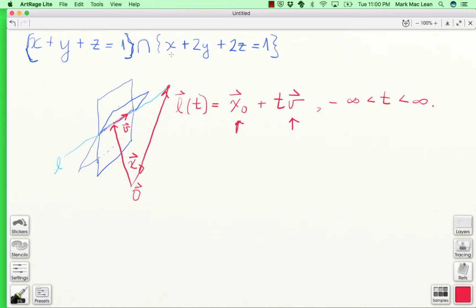And if I look at this one, I've got x is 1, y is 0, z is 0 as a point on here. So for example, I could take x naught to be 1, 0, 0. That's a point, and I identified it by inspection, if you will.